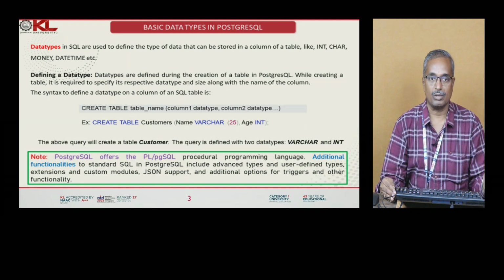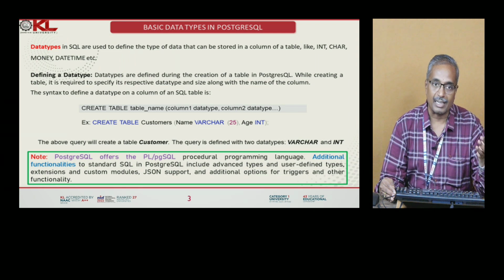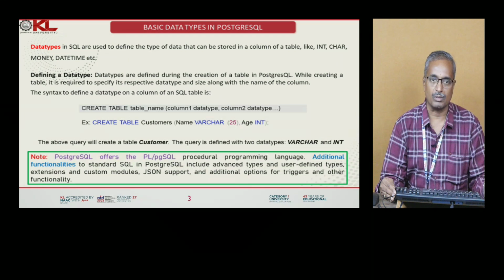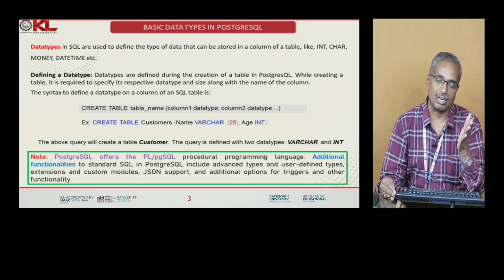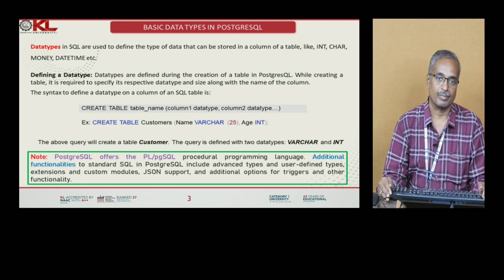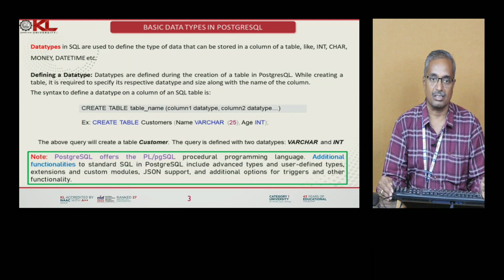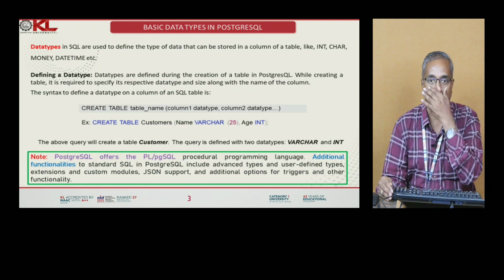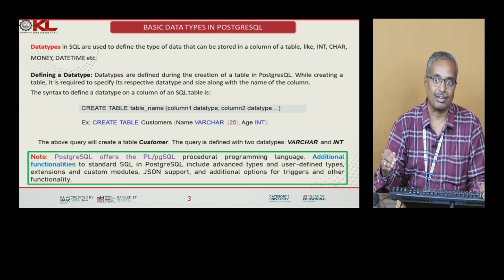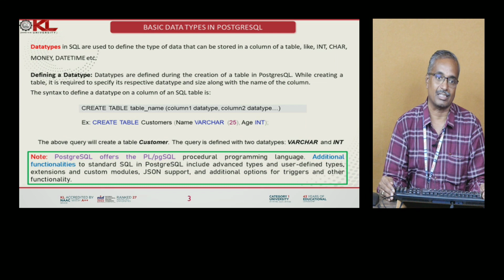So, for example, if you want to create a table, we simply write create table, table name, after that the column, next the data type, because all columns should be defined by data types. That is actually required. There you are seeing that in the customers table, name is defined by varchar with 25 and the age column is defined by the integer data type.